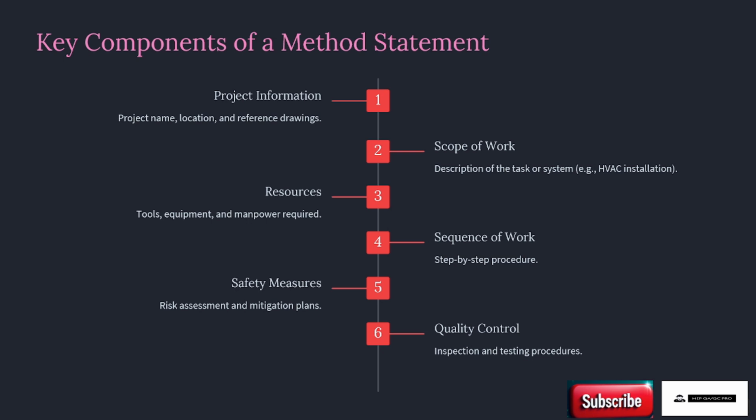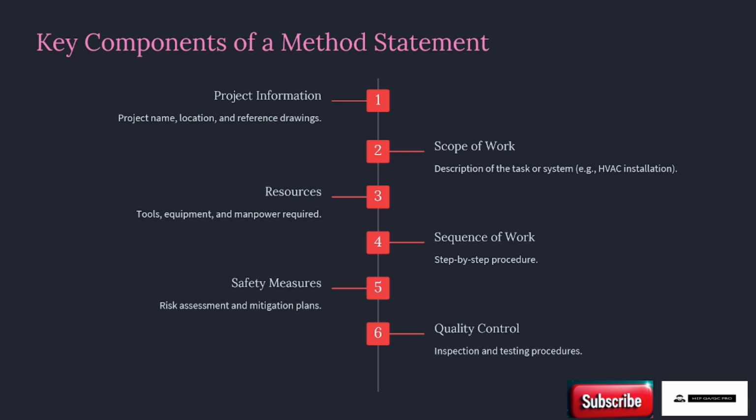For example, I will tell you very quickly. Suppose you are going to start HVAC, and in HVAC you are going to start duct installation. In the ITP, we add a procedure from the beginning to the end of how the works are to be done at site, who is responsible, what the control points are, and the roles and responsibilities.